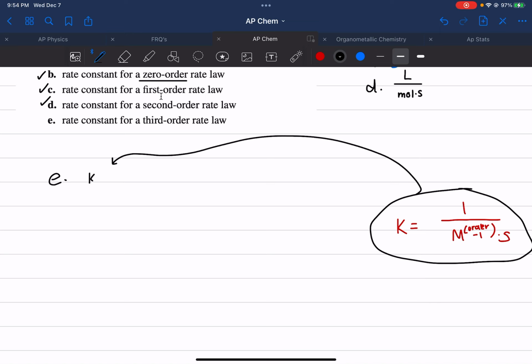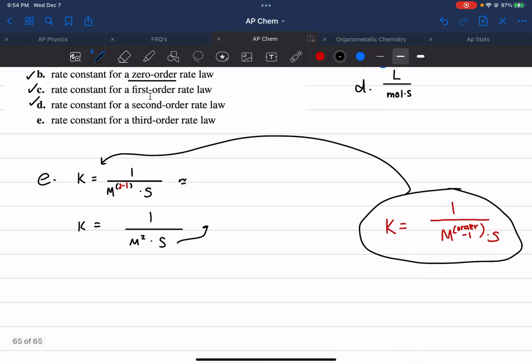K is equal to 1 over molarity to the order minus 1, times second. In third order, 3 minus 1, which means that K equals 1 over molarity squared times second, which is once again equal to M to the negative 2 times s to the negative 1.